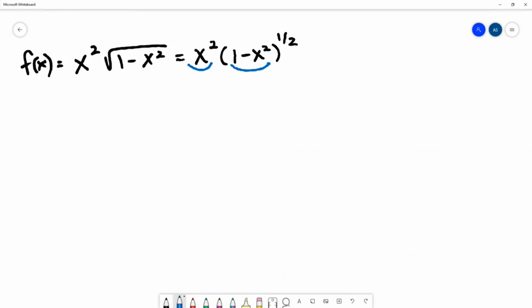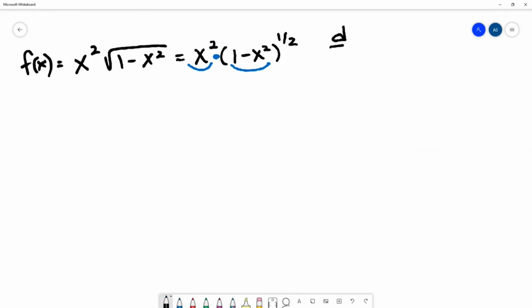Then I would apply that radical, the 1/2 power, and the very last thing I would do is the multiplication. That very last operation indicates what derivative pattern you should follow. Because my last operation is a product, I'm going to use the product rule first.